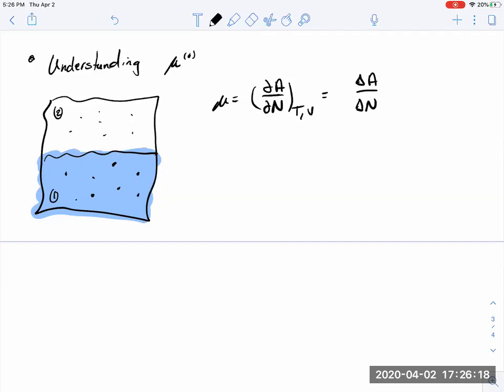The smallest N I can change is 1 molecule. So mu has an interpretation as the Helmholtz free energy change when I move 1 molecule, say, between these 2 phases.